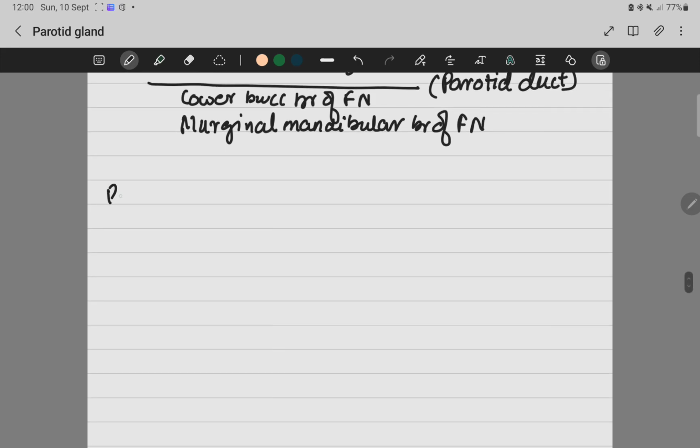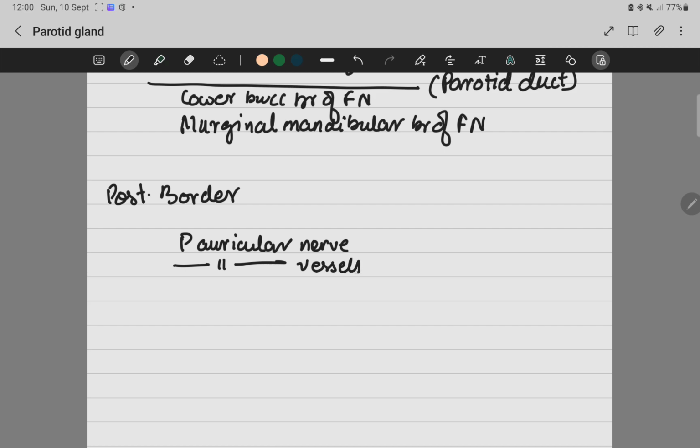The posterior border is related to the posterior auricular nerve and vessels, posterior auricular vessels.